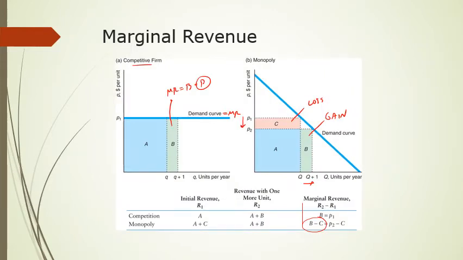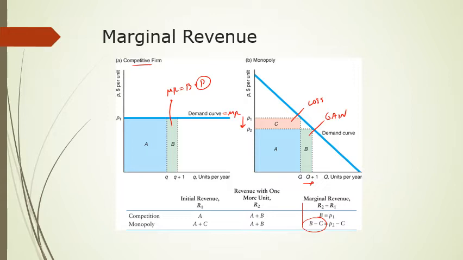All right, let's take a look at a graphic where we compare perfect competition to monopoly. On the left, as I increase Q by 1, I get B as the extra revenue. So notice here that marginal revenue is just price, P1, because it's the area B, which has a height P1 and a base 1. And then we look at the right-hand side, and how does that differ with monopoly?